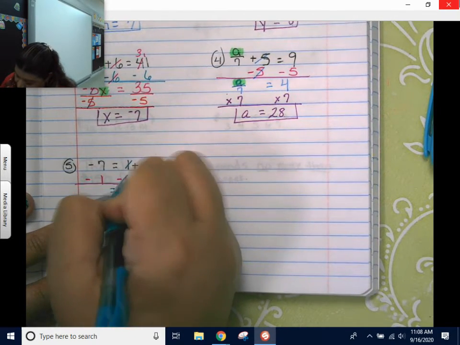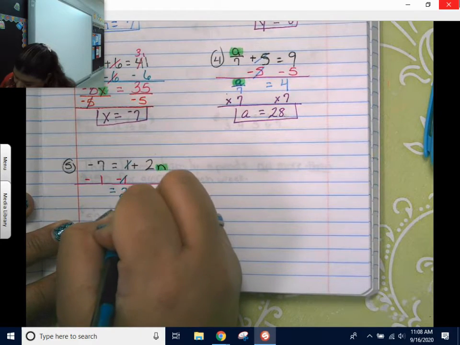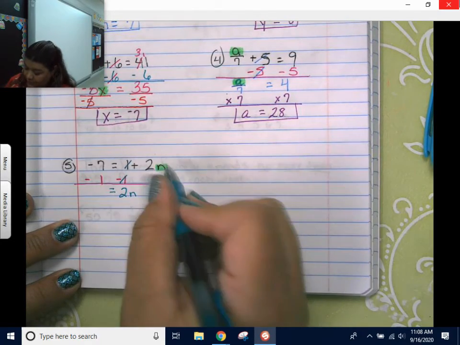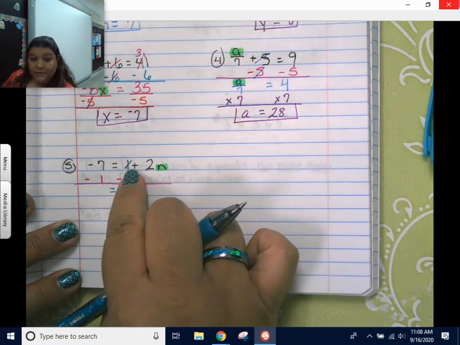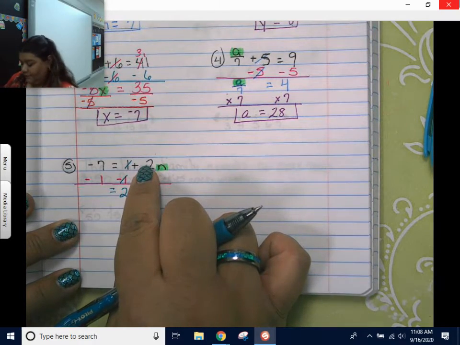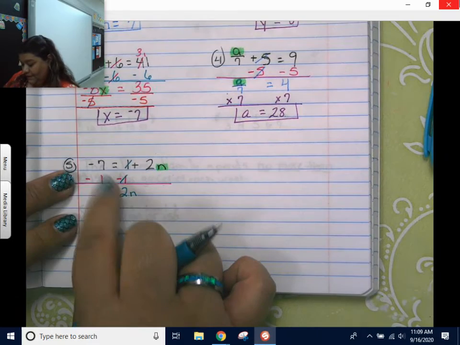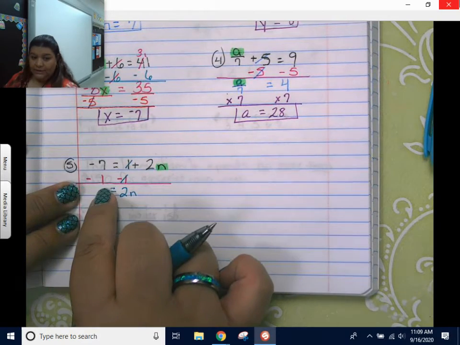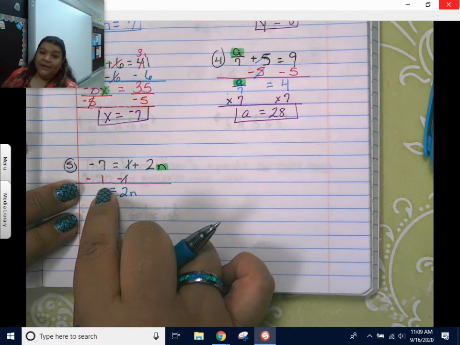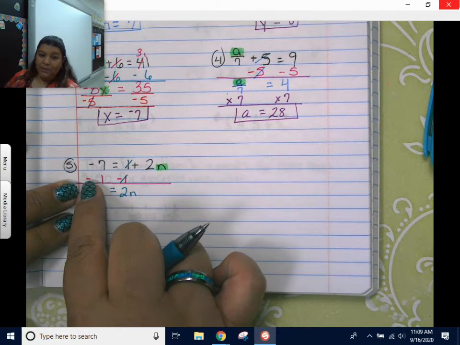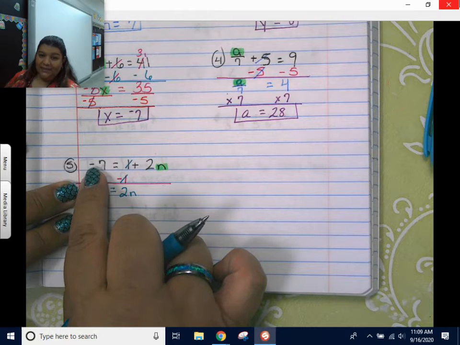These give me 0. I'm left with 2n, okay, and it's a positive 2n, okay. Now I have -7 minus 1. Lovely negatives, right? Go back to your subtracting positives and negatives. Do you remember what happens when you're subtracting negatives?